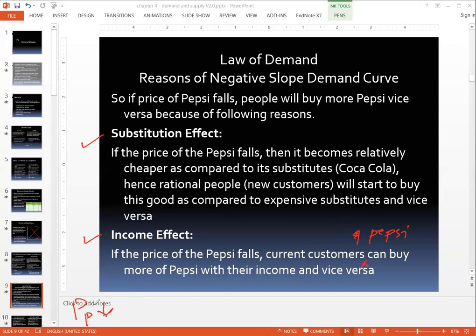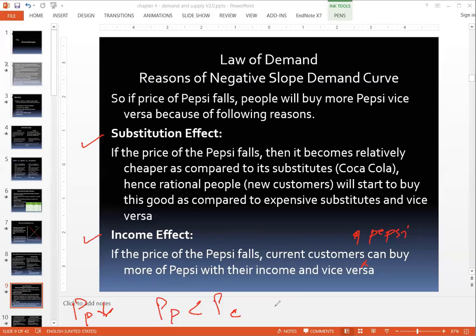First, the price of Pepsi becomes lower than the price of Coca-Cola. So what will happen? People will buy Pepsi as compared to Coca-Cola. The demand for Coca-Cola will fall, and the demand for Pepsi will increase.